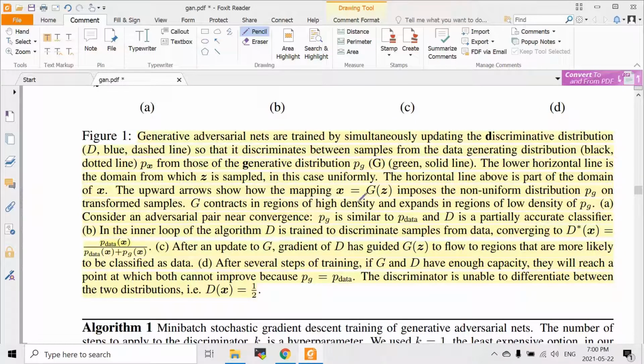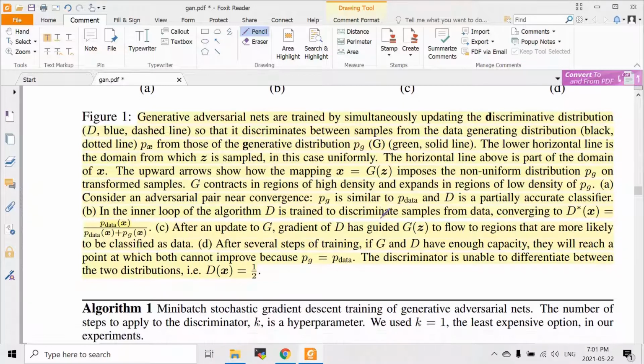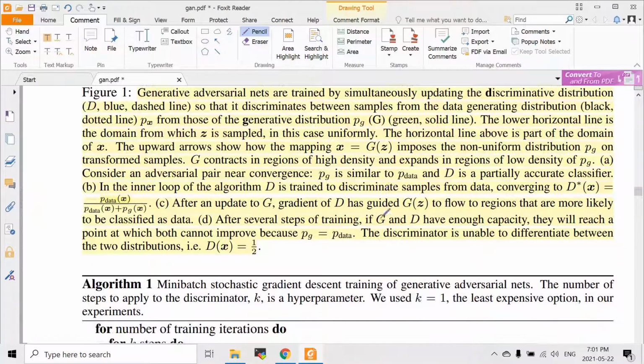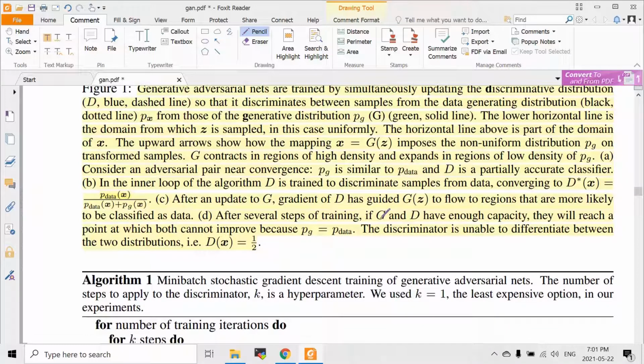The upward arrow shows how the mapping X equals G of Z imposes the non-uniform distribution PG on transformed samples. G contracts in regions of high density and expands in regions of low density.